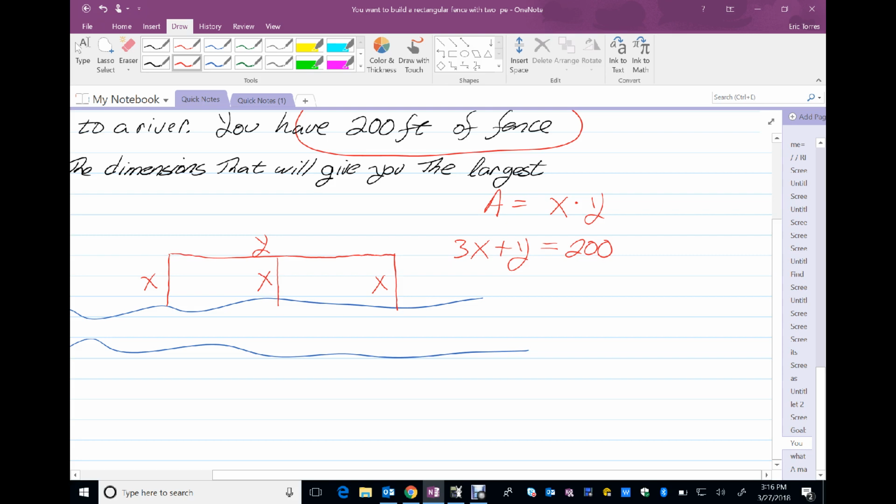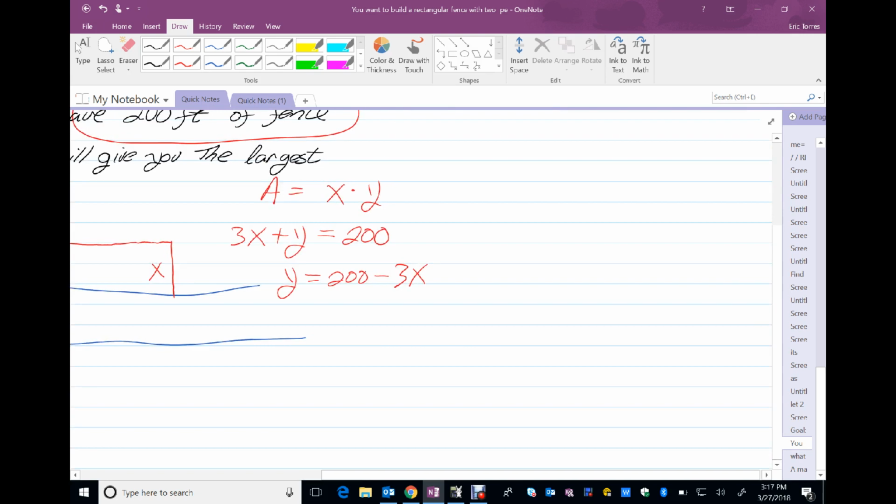That's all I have. I can use this equation to either eliminate x or y from the original equation with substitution. So I'm going to solve for y. Oops, that's 3x. And use it as my area formula.